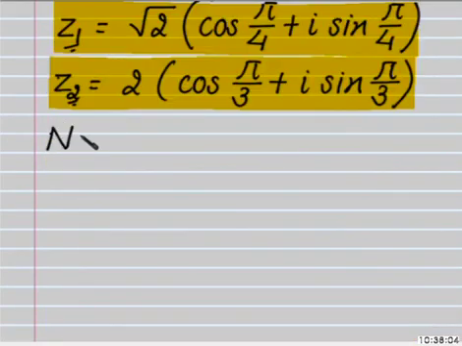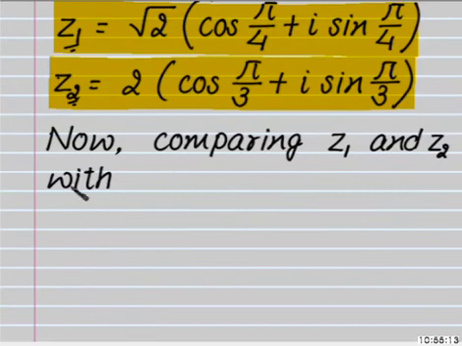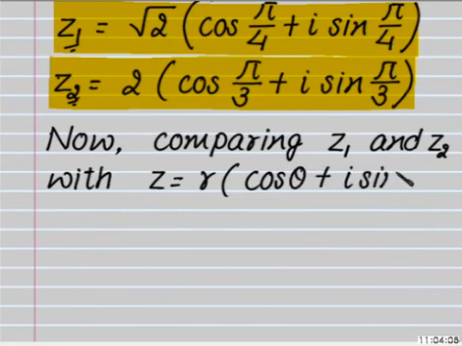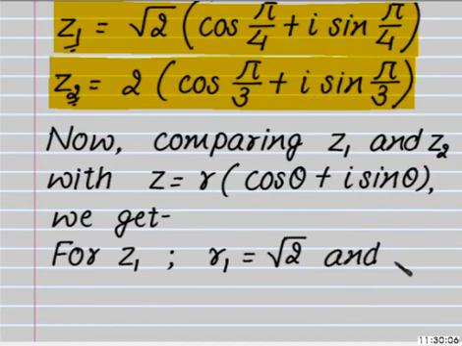Now comparing the given complex numbers Z1 and Z2 with the general polar form, that is Z equal to R into cos theta plus iota sin theta, we get for Z1, R1 is equal to square root 2 and theta 1 is equal to pi by 4, that is equal to 45 degrees.